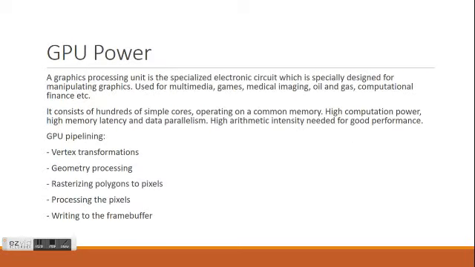A graphics processing unit is an electronic circuit which is specially designed for manipulating graphics. It is specially used in multimedia, games, and medical imaging. It consists of hundreds of cores operating on a common memory. There is a GPU pipelining which consists of the following steps.